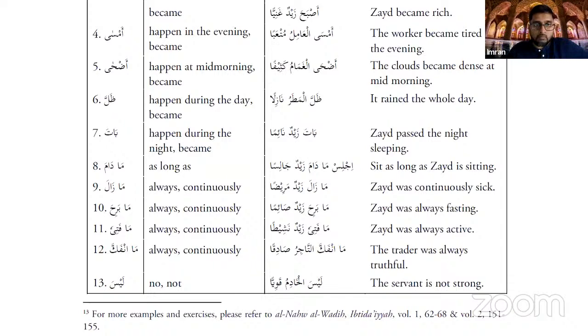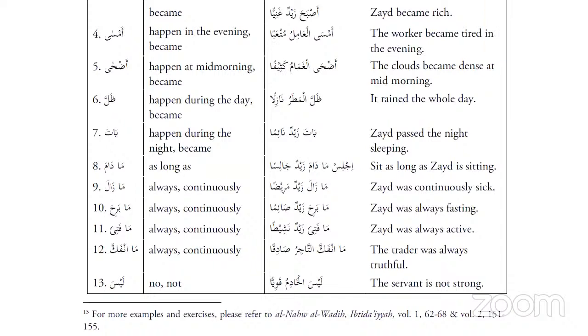Correct. Adha, happened at mid-morning or became. Adhal ghamamu kashifan, the clouds became dense at mid-morning. So ghamamun is ismu adha, and kashifan is khabar adha.